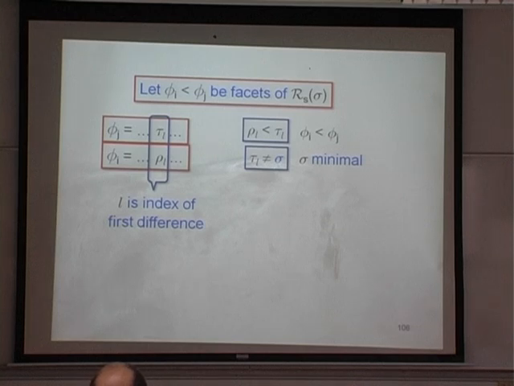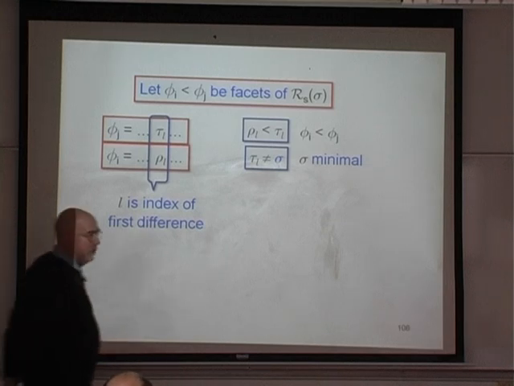The thing is that this order here is the lexicographic order, and I'm going to prove it's a shelling order. This is not ordered by containment or anything; it's just the order that you have defined before.